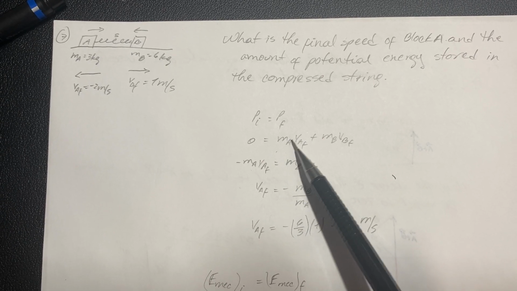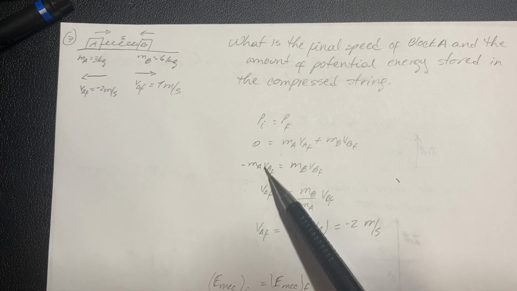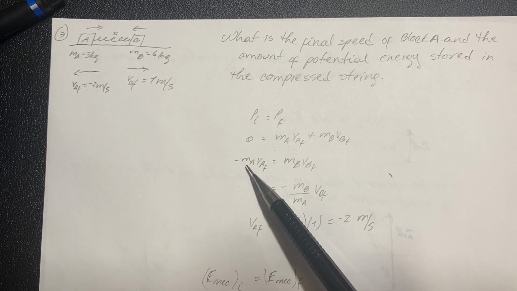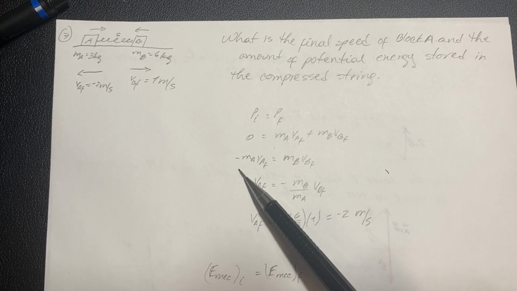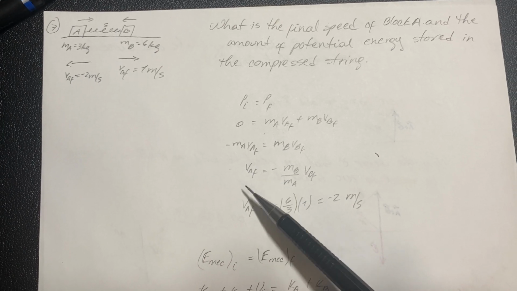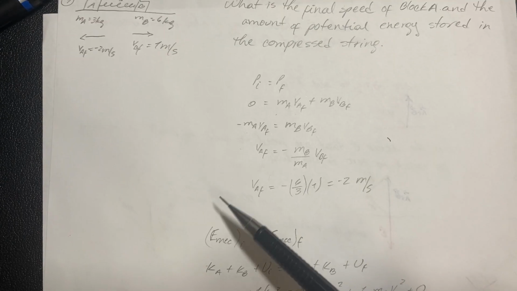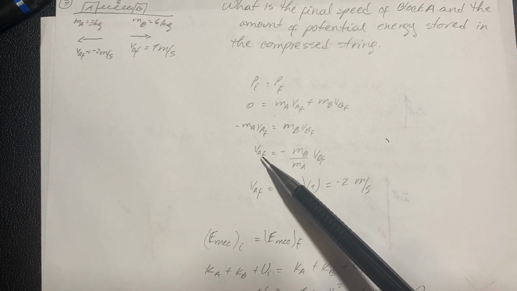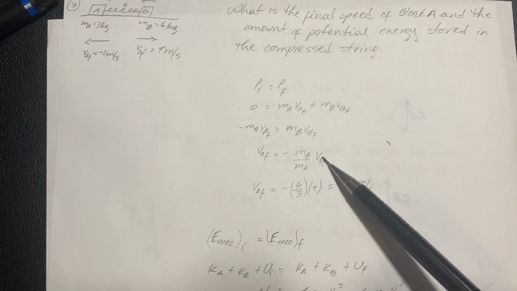the mass of block A times the velocity of block A to the left side, so it's going to become negative. Then we have to divide both sides by the negative mass of A, so the velocity of A is going to be alone on the left side, so the equation is going to become like this one.